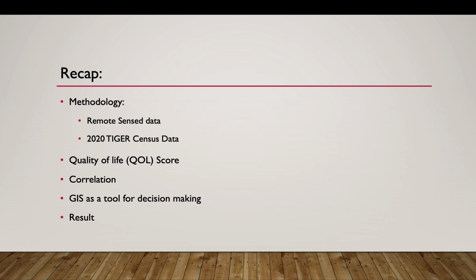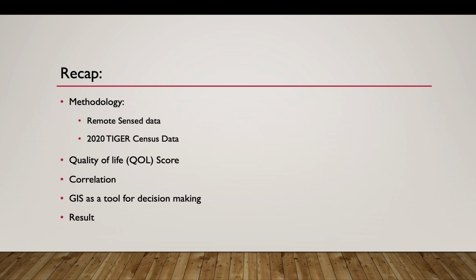And by doing some further analysis and synthesis, we can even come up with a quality of life score that can determine which area, in this case in the city of Indianapolis, is the one with a high quality of life score.